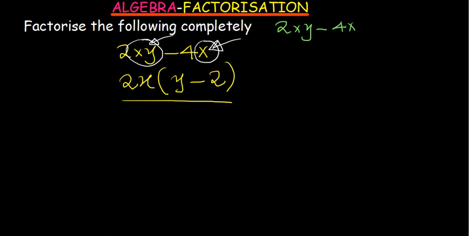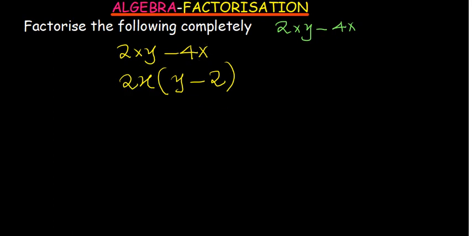It's x, right? So those are the ones we're going to remove. The first one we found was 2, and then we have found x. So we're going to factorize those. And then if we remove 2x, we are going to remain with y here. This is the y that has remained. And then on the other one, if you remove x, yes, the x is here. And then you say 2 into 4, that will give you a 2. Good.